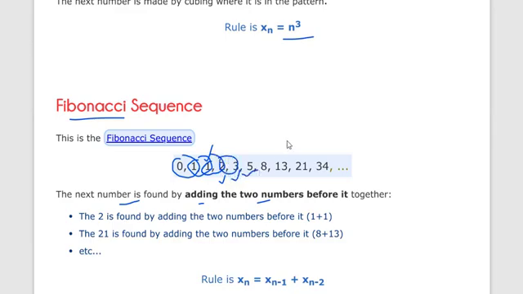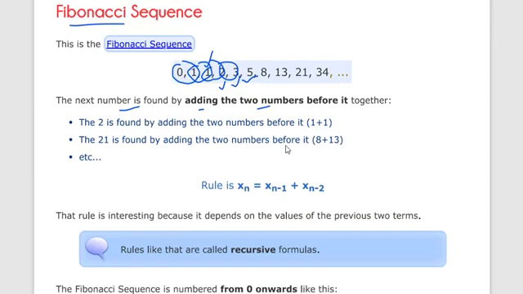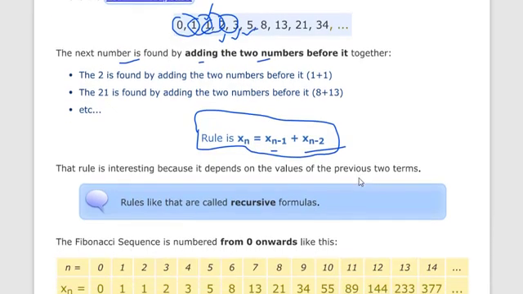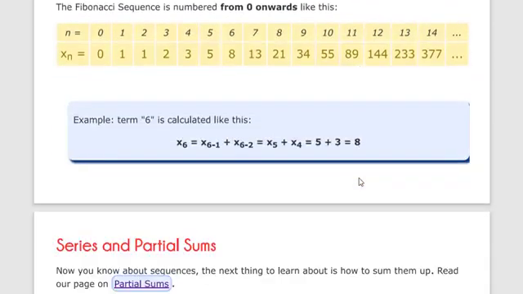So this is called the Fibonacci sequence. It was founded by the scientist named Fibonacci, and its rule is simple: Xn is equal to the previous two terms, meaning the (n minus 1) term plus the (n minus 2) term.